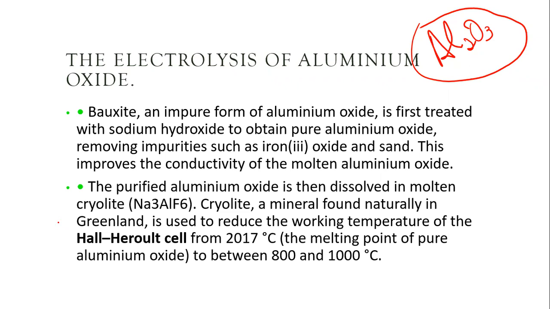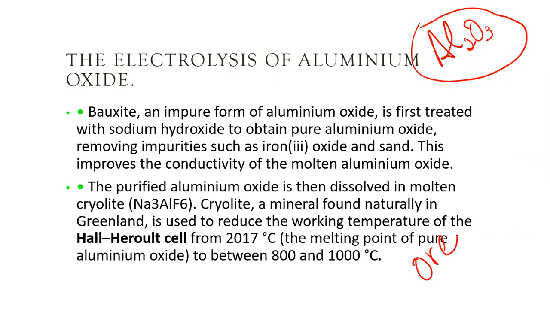So let's talk about aluminium oxide. Aluminium oxide is not present in a pure form. For example, if you go into the mines, you're not just going to find aluminium oxide lying there that you can pick up and do your job. No, aluminium oxide is going to be present in the form of an ore.